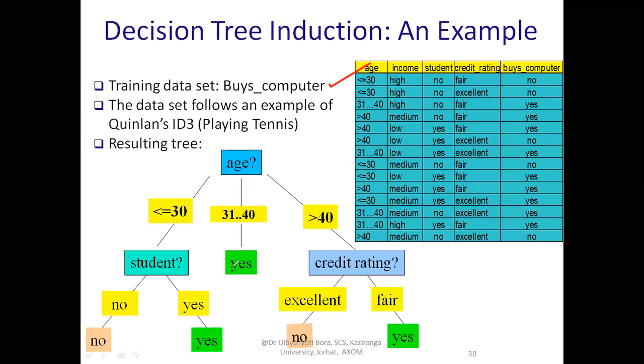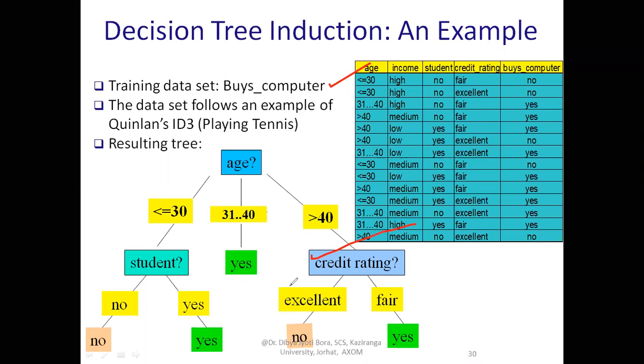We can use our common sense that if a person belongs to this age group, he is a very busy person. He doesn't want to misuse his time by visiting the shops. So when he goes to visit the shop, there is a certainty that he or she is going to buy the computer. But when you see the age group greater than 40, one more condition is applied, that is credit rating.